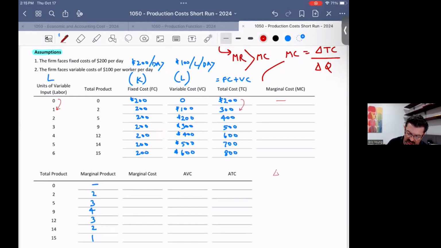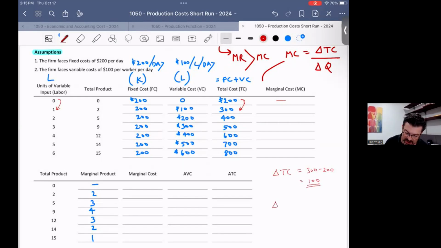At 0 pizzas, our total cost was 200. It's our fixed cost. It's going to go from 200 to 300. Our change in total cost, 300 minus 200, is 100.